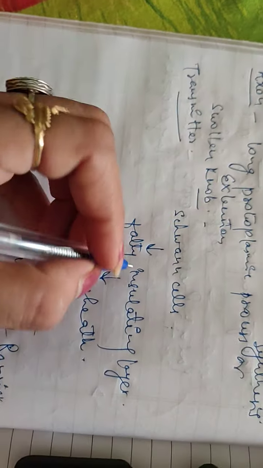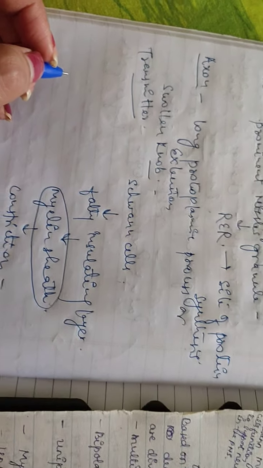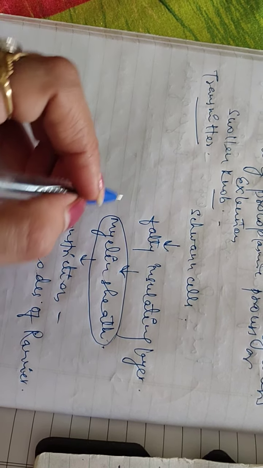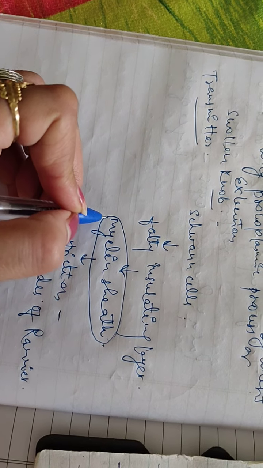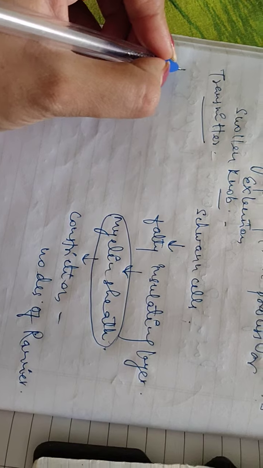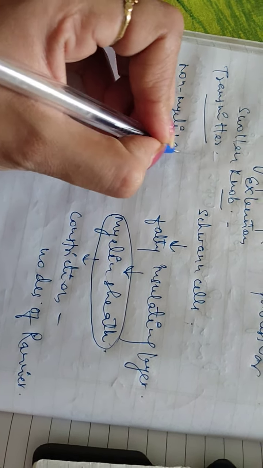One thing I am going to tell you is that this myelin sheath may or may not be present in any of the neurons. If it is present, the neuron is called myelinated, and if it is not present, then the neuron is called non-myelinated.